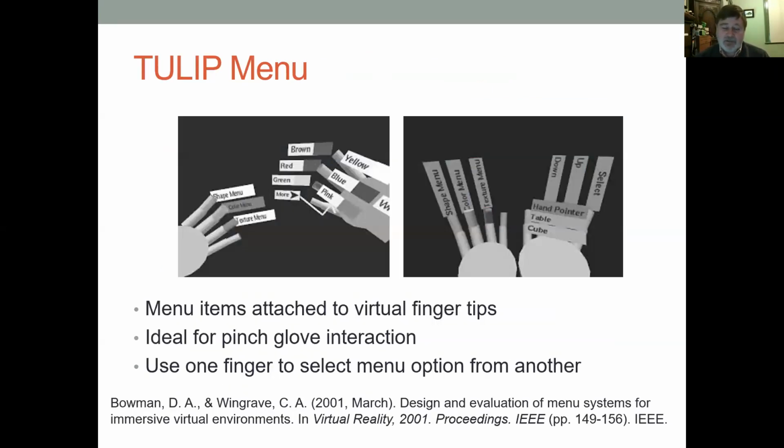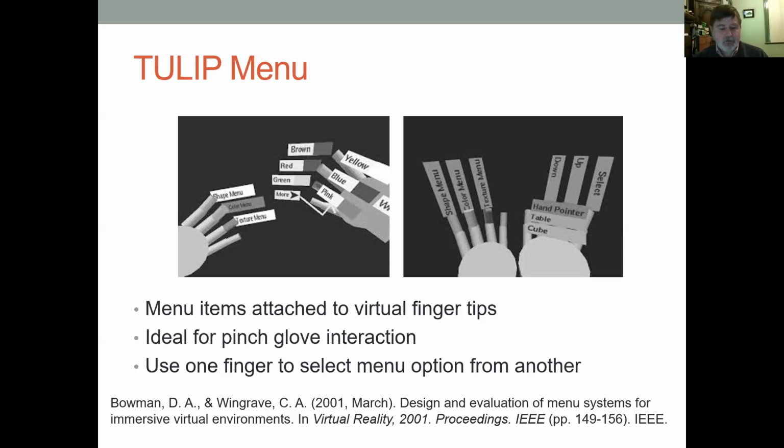Menuing systems. There's surprisingly few menuing systems in the VR community. Tulip was one of the interesting new ones, and basically you had pinch gloves. If it's a full pinch glove, it can detect pinches of the different fingers, and you use this as a hierarchical menu. Great idea. It goes back. Like I said, people have been thinking about these problems for a long time.